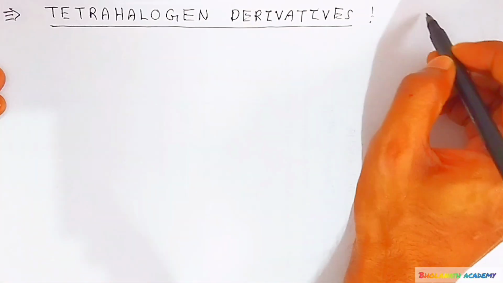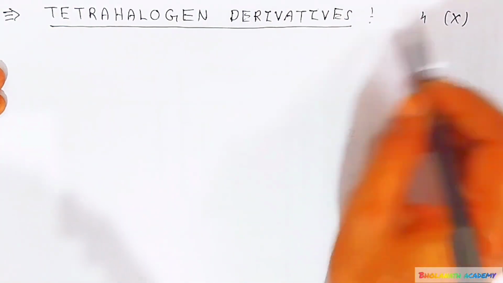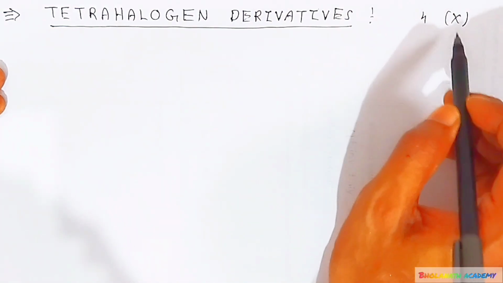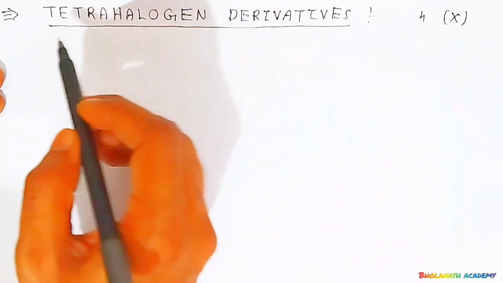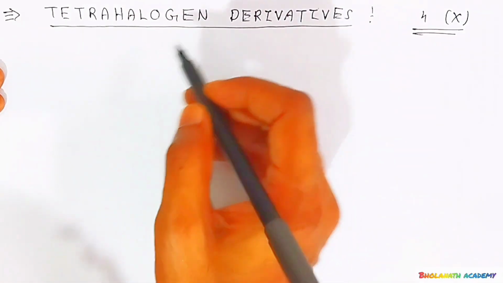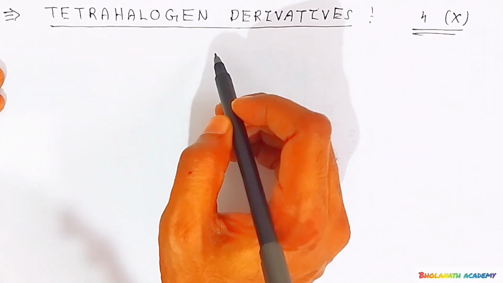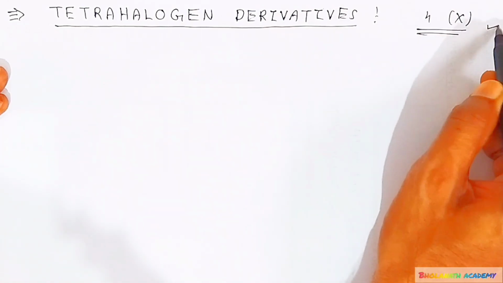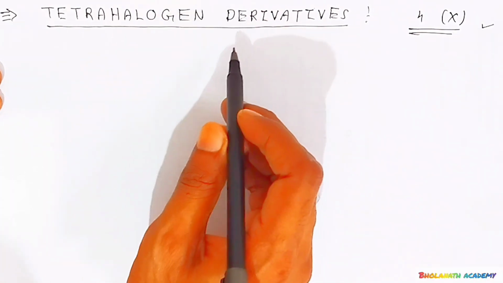Tetrahalogen, students, here 4 halogen atoms. If a compound consists of 4 halogen atoms, that compound is called a tetrahalogen derivative. When 4 hydrogen atoms of an alkyl halide or aryl halide are replaced by halogen atoms, the compound obtained is called a tetrahalogen derivative.